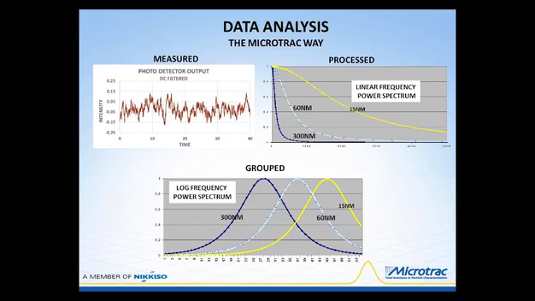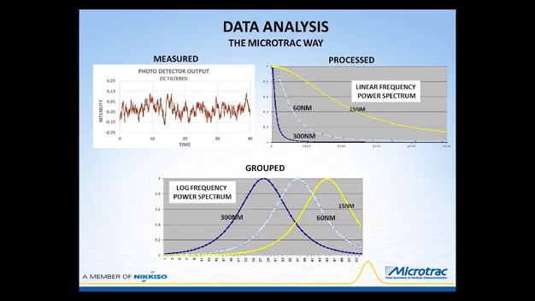And the important characteristic that grouping does for us is that the power spectrum now looks like a symmetric bell-shaped curve that shifts just in center frequency with size.